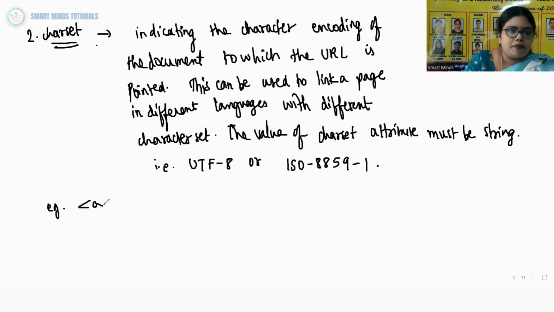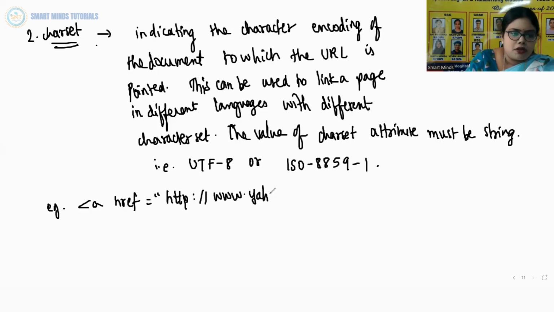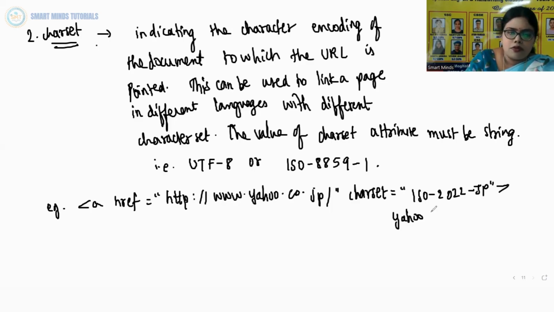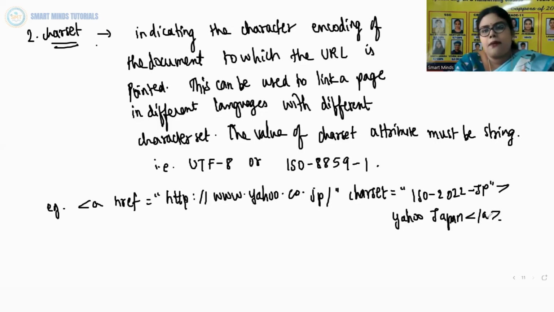For example, tag a href equals a URL http://www.yahoo.co.jp, charset equals ISO-2022-JP, then Yahoo Japan, /a. So in this example, you can see a document is linked with the Japanese character set.